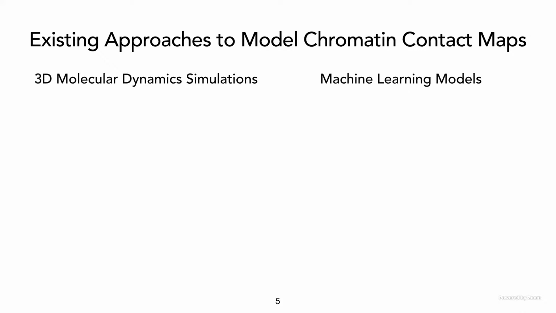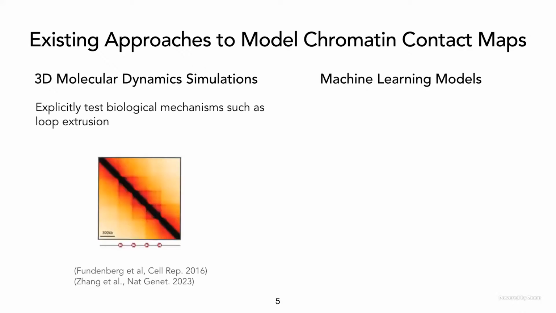The two primary ways we can investigate these contact maps computationally are 3D molecular dynamics simulations or machine learning models. 3D molecular dynamics simulations explicitly test biological mechanisms such as loop extrusion, or, as has been shown recently, for example, how loop extrusion interacts with the transcription process.